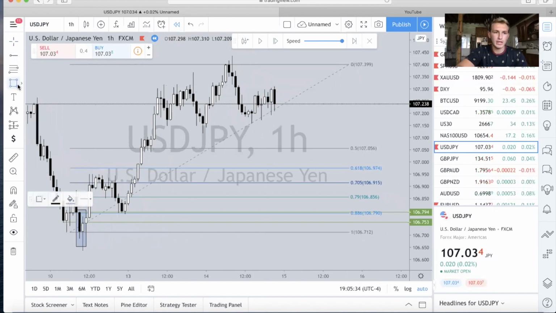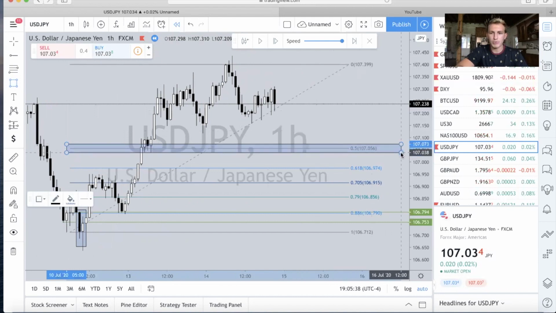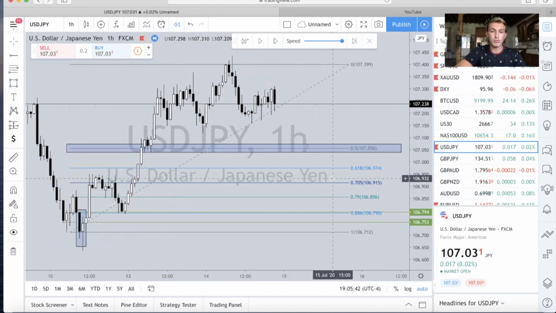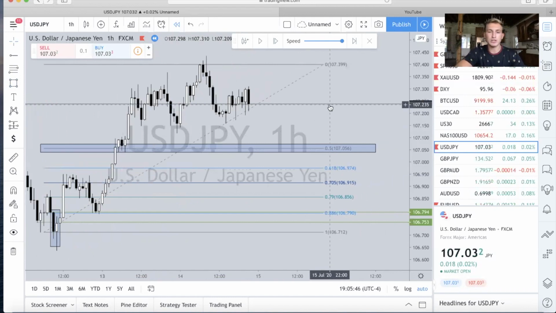You take the square tool and draw a little zone at that 50% mark. Everything below the 50% is a discount market. Everything above that is a premium market. So right now, if we were looking to enter the market, we should really only be looking for sells. I know we're just looking at the hour time frame, but in this scenario, sells only.